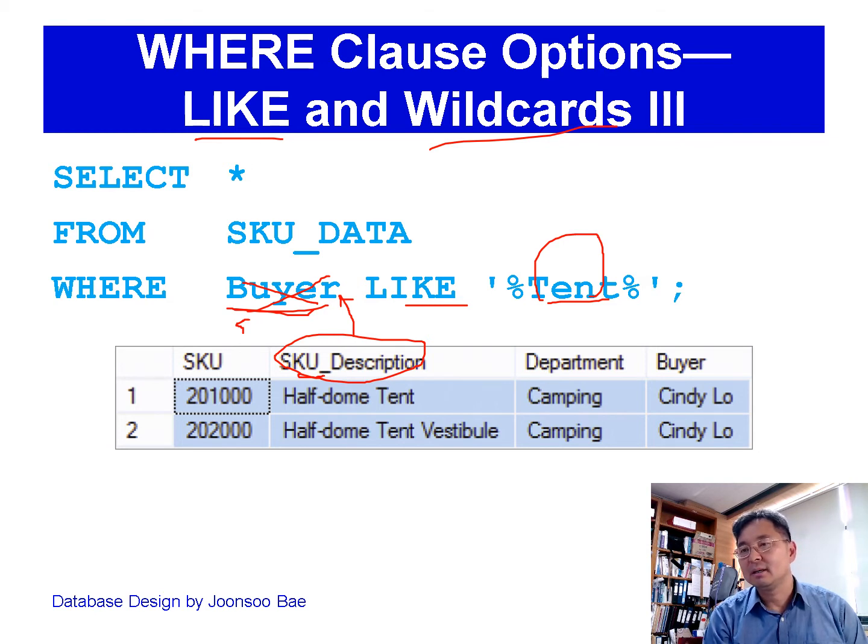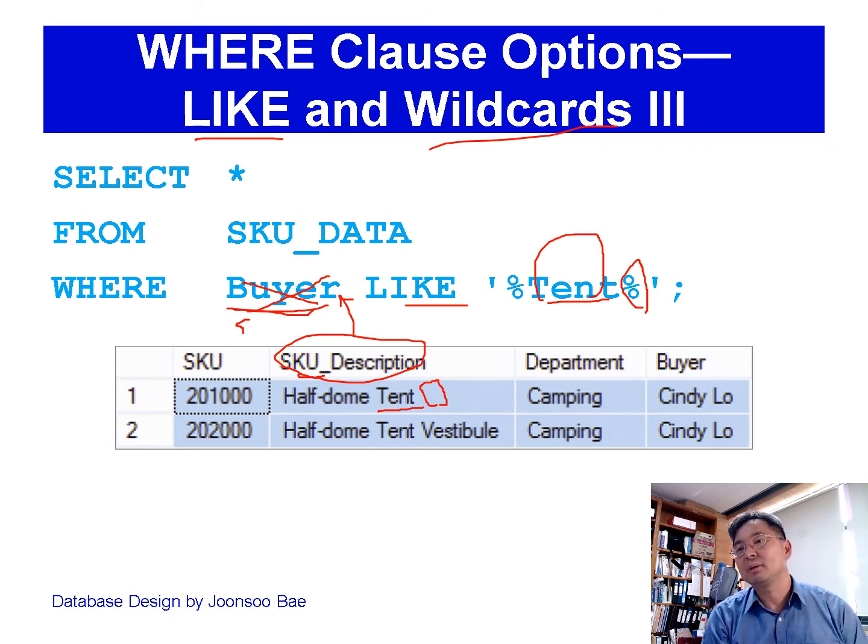Yes, here. The first example is 'tent'. Even though there is nothing following 'tent', it is okay because this percent symbol means that nothing is allowed, or any character string is allowed here.